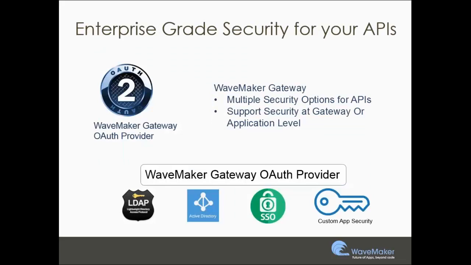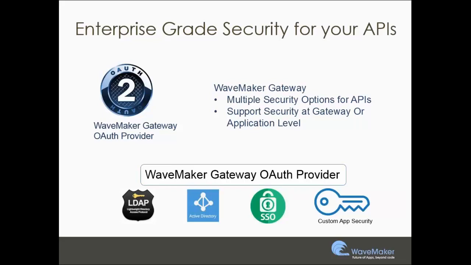WaveMaker Gateway provides OAuth functionality for enterprises. Gateway acts as an OAuth provider. The reason for this is that we see that a number of enterprises may or may not have security as part of their APIs. So WaveMaker Gateway allows multiple security options for the APIs that enterprises publish, and it front ends those APIs using an OAuth provider.